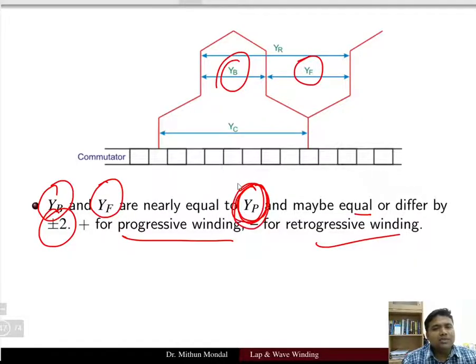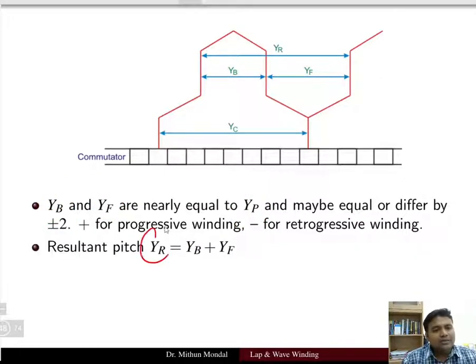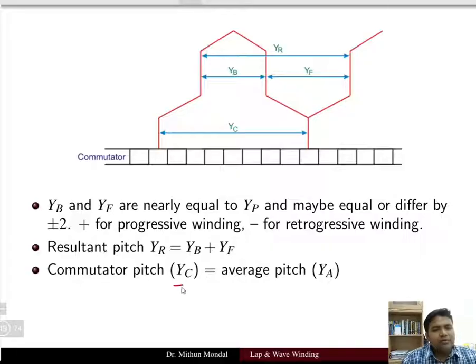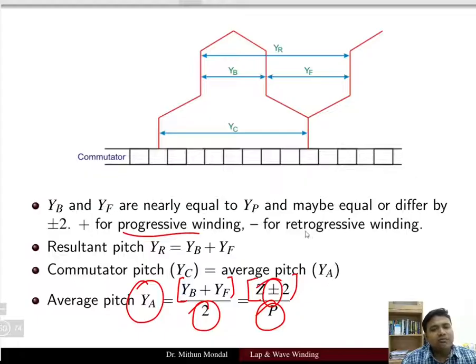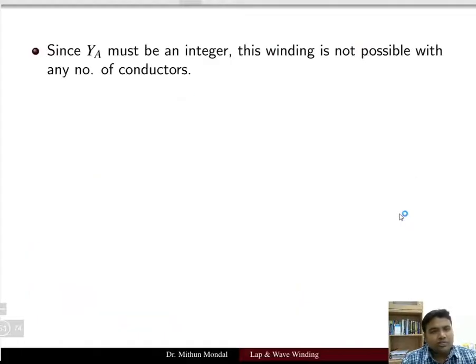Pole pitch is basically the center to center distance of the poles, equal to Z by P. The resultant pitch here is the sum of back pitch plus front pitch, and the commutator pitch is equal to the average pitch in this case. The average pitch, as you know, is back pitch plus front pitch divided by 2. So it will be (Z plus minus 2) divided by P, where plus minus indicates whether it is a progressive winding or a retrogressive winding.